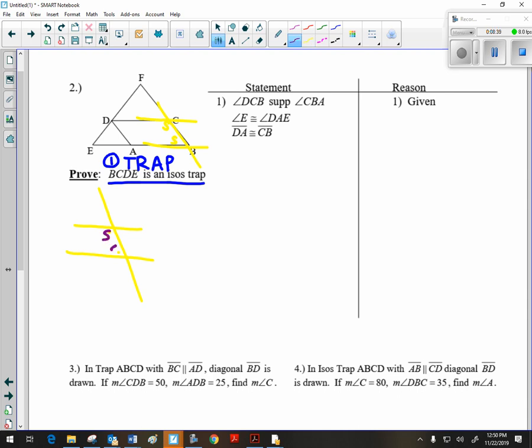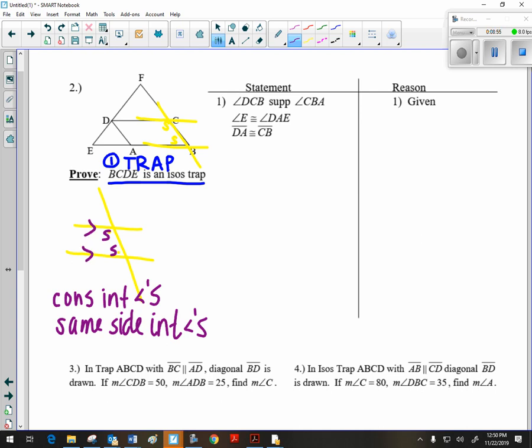They can either be called consecutive interior angles, or same side interior angles. I've seen both. And the rule is that if they are supplementary, it means that the lines are parallel. So if I go back to my picture, I've got these supplements here, which means that these lines are parallel.